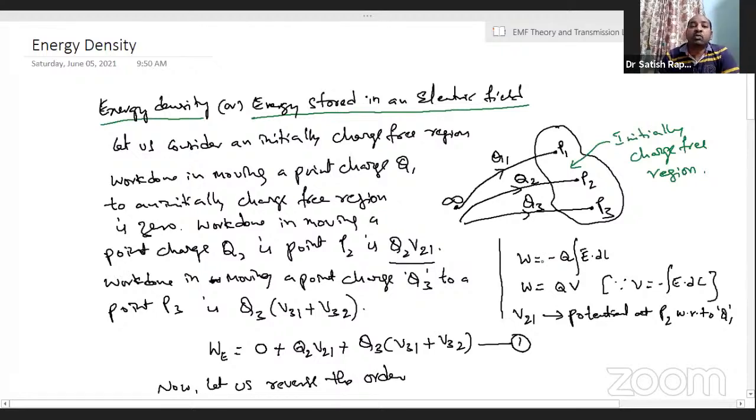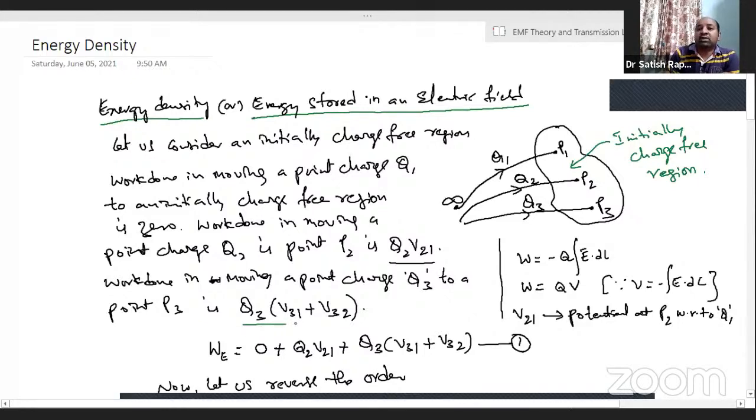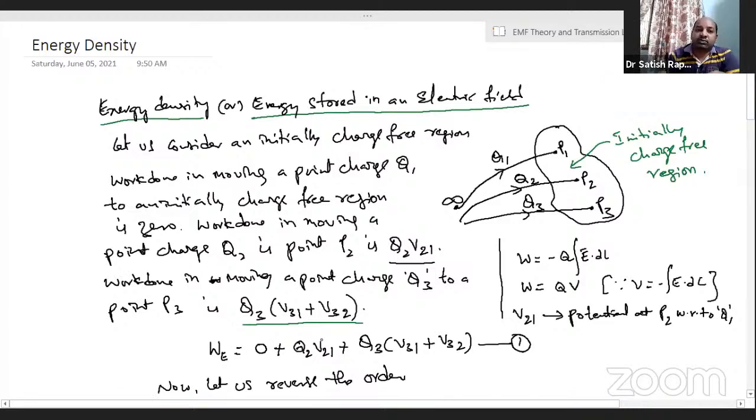And if you move a third point charge Q3, the energy required, or work done, is Q3 (V31 plus V32).